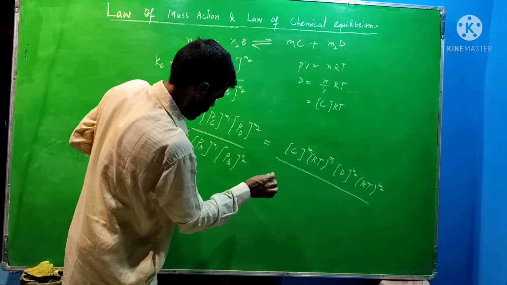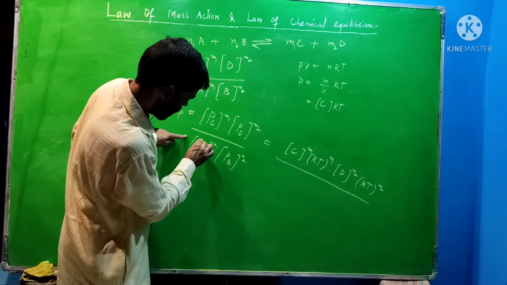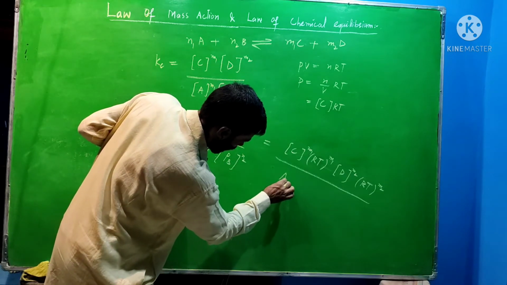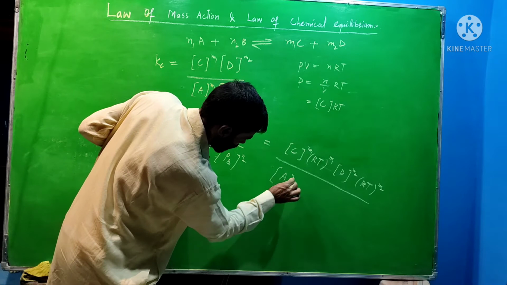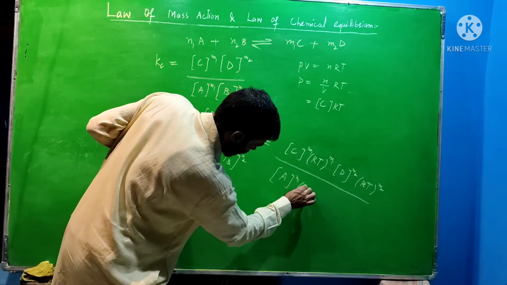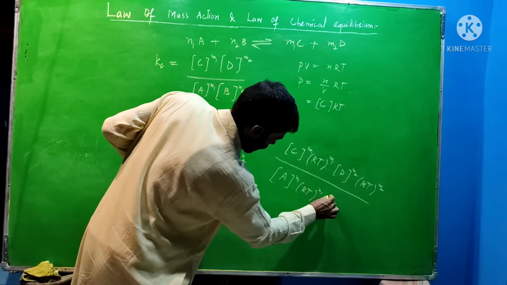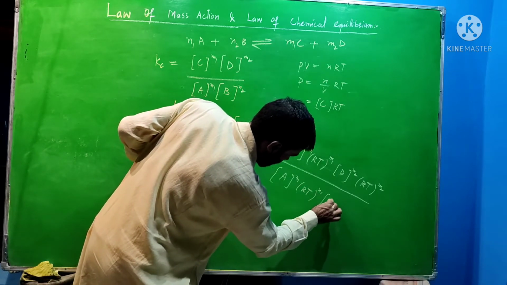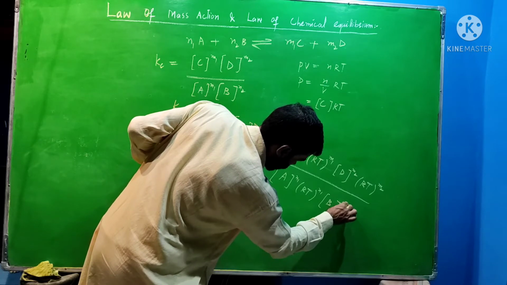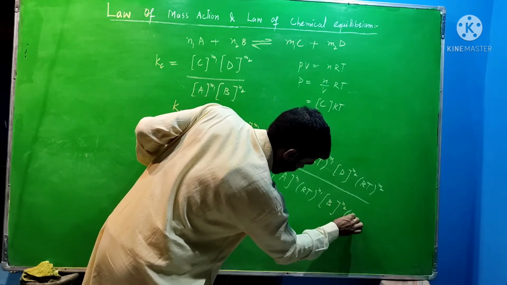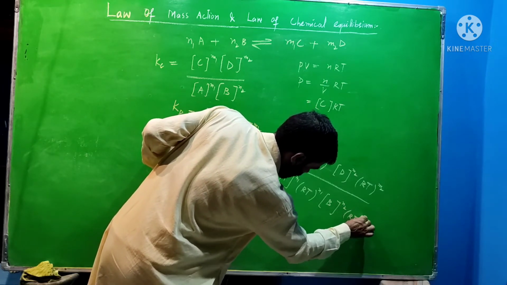Similarly, pressures in terms of concentrations of reactants: concentration of A raised to power n1, multiplied by RT raised to power n1, into concentration of B raised to power n2, into RT raised to power n2.